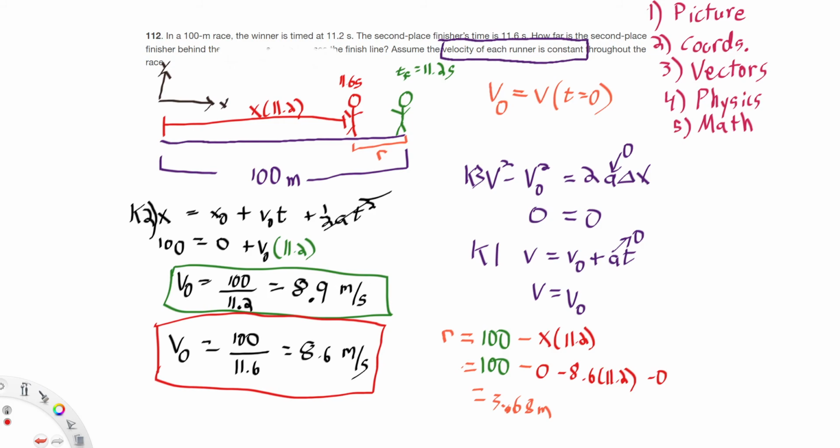So let's talk about where to find the problems to work on. Here's the OpenStax textbook. I actually pulled this problem directly out of the textbook. Click on Table of Contents.